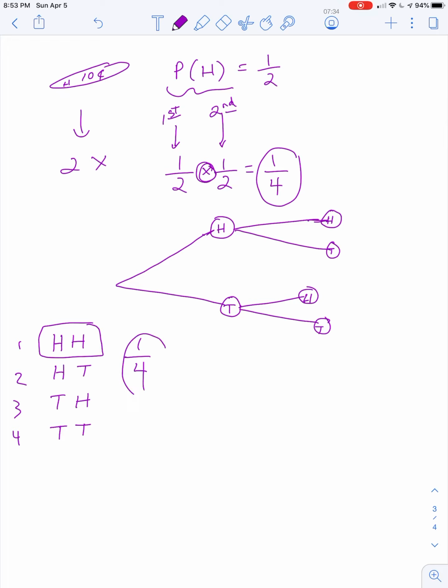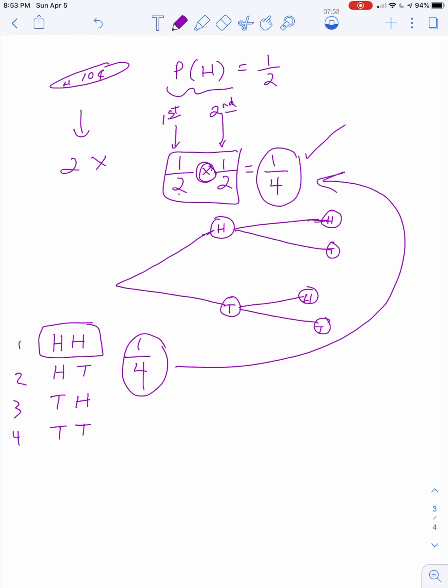And notice this answer actually turns out to be the same as that. So if I take the tosses, each toss, and I record those like so, my first toss was 1 out of 2, my second toss was 1 out of 2, and we multiply those for a product of 1/4. So the answer to that then would be 1/4.